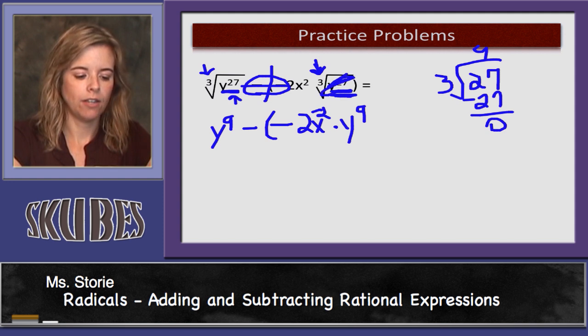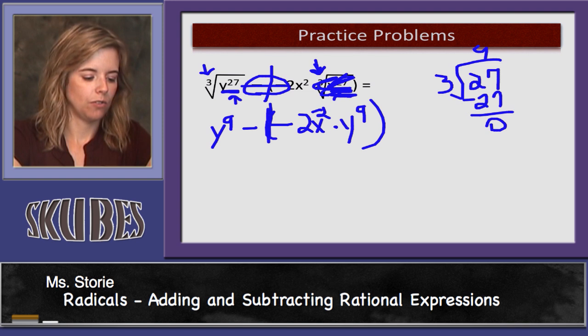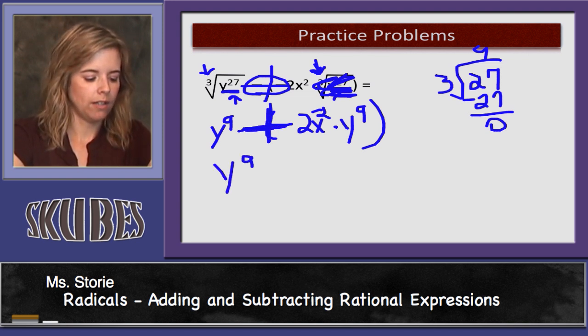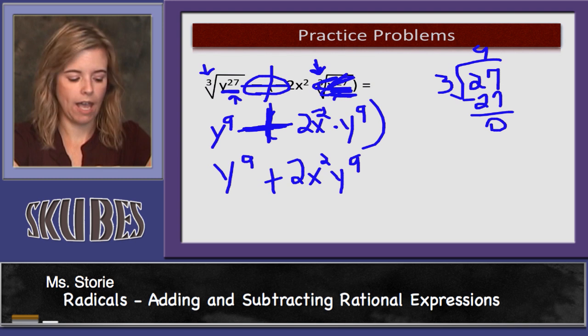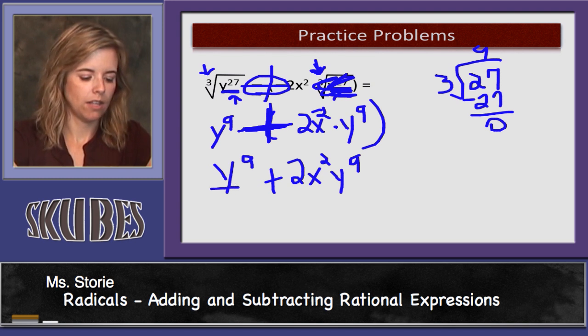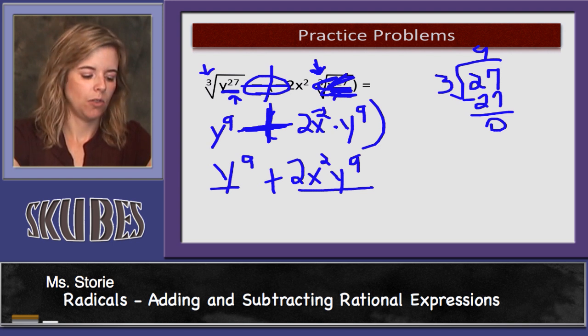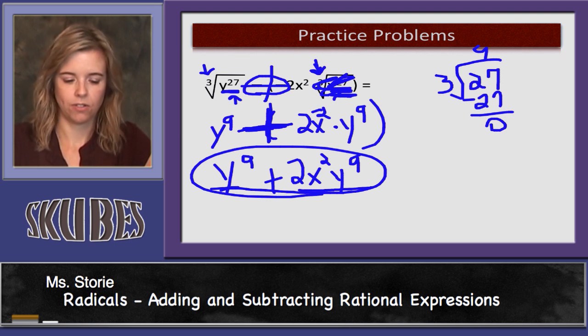Again, that took out everything under there, so we don't need the radical sign anymore. And then remember, two of them collide with negatives, you've got a positive, so you actually have y to the 9th plus 2x squared y to the 9th. Now, are these like terms? Can we add them? I've got a y to the 9th, and then I've got x squared y to the 9th. They're not like terms, so this would be written as my final answer. I can't add them any further than that because they're not like terms.